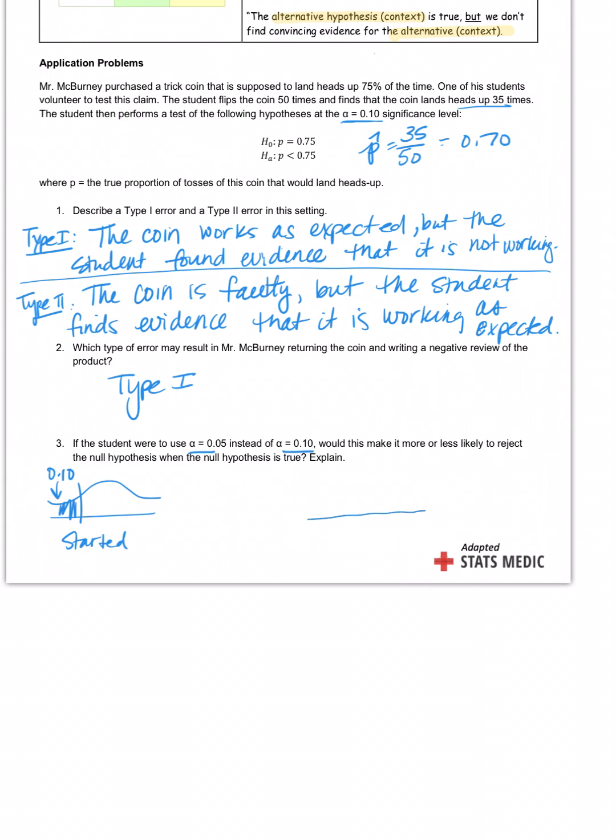We're changing it, however, to be 5%. So what's happening to this area over here in the tail? It's smaller. It's getting smaller. So my probability of making that error is smaller. Make a little sense? Groovy.